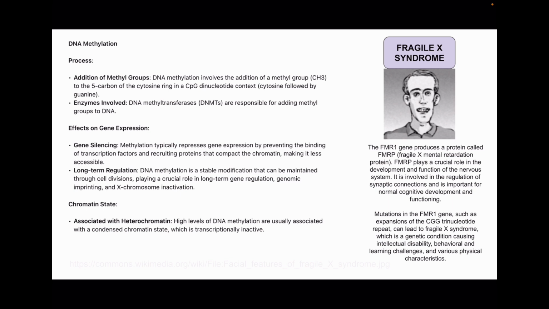It is involved in the regulation of synaptic connections, and it is important for normal cognitive development and functioning. Mutations in the FMR1 gene, such as expansion of the CGG trinucleotide repeats, can lead to Fragile X syndrome, which is a genetic condition causing intellectual disability, behavioral and learning challenges, and various physical characteristics.